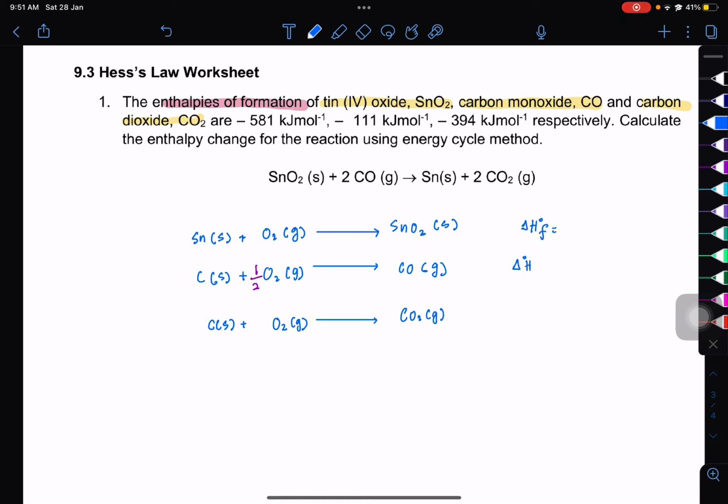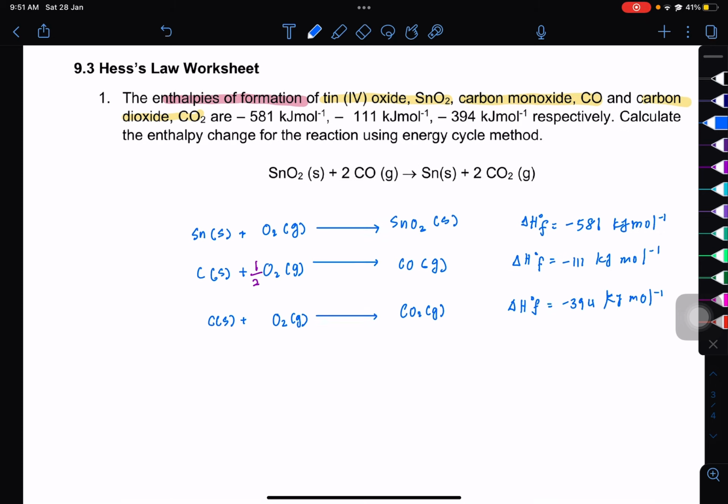First, tin oxide is negative 581 kilojoule per mole, and the carbon monoxide and carbon dioxide values are given in kilojoule per mole as well.